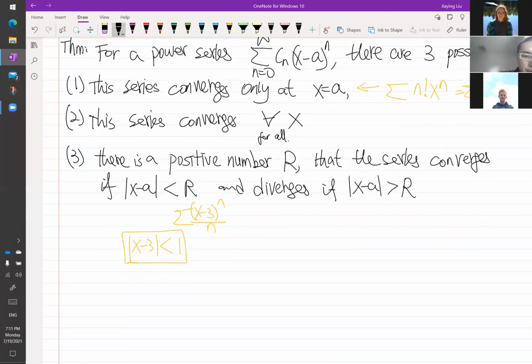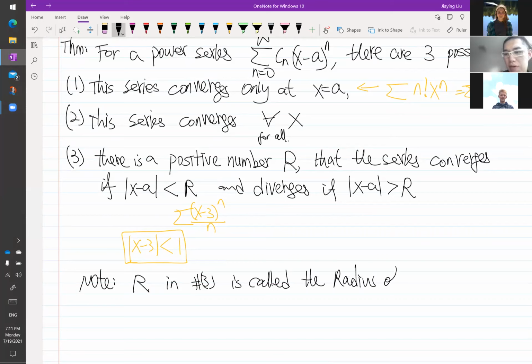So note the R value we saw in number 3. R in number 3 is called the radius of convergence.